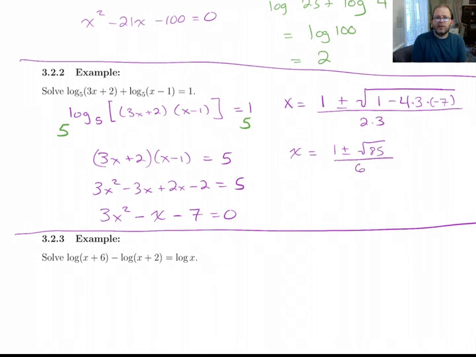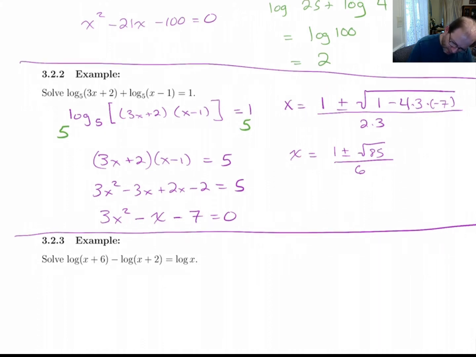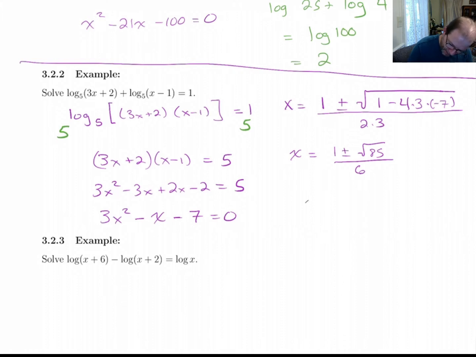And we can't simplify the square root of 85 because it's 5 times 17, so you can't pull any perfect squares out of it. So our two answers then are going to be x is 1 plus root 85 over 6, and x is 1 minus root 85 over 6.